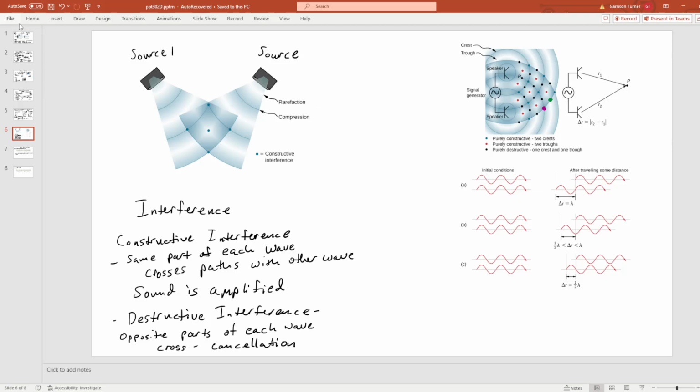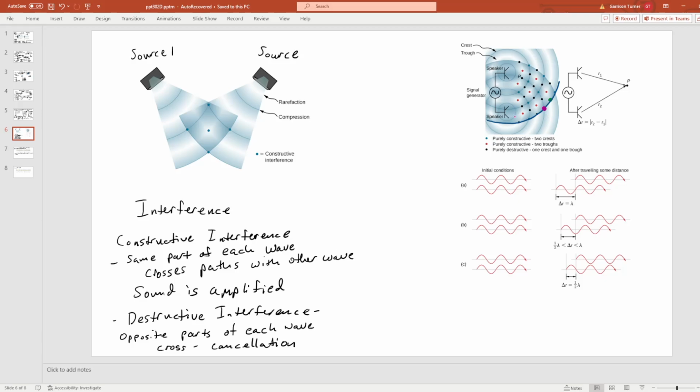Okay, so this solid blue arc corresponds to a crest. And notice at the purple point, it crosses with the crest of the other speaker, right?